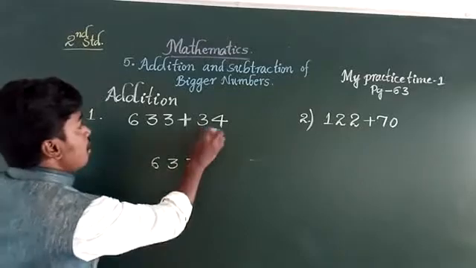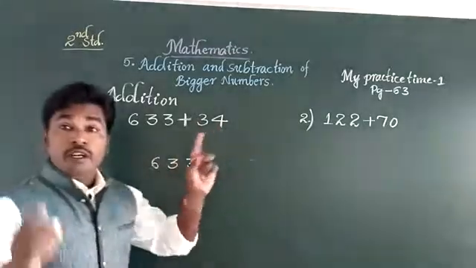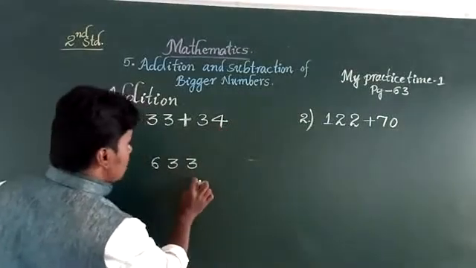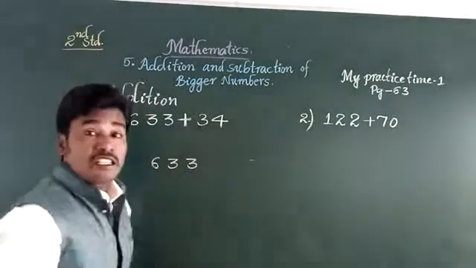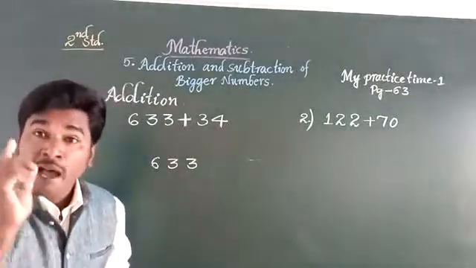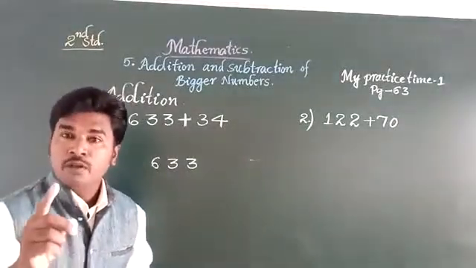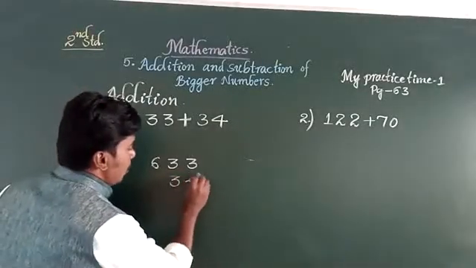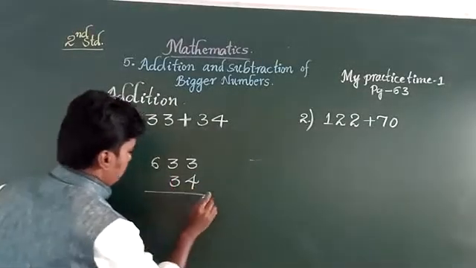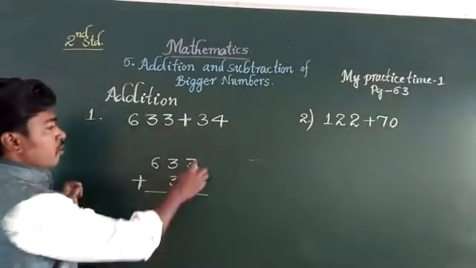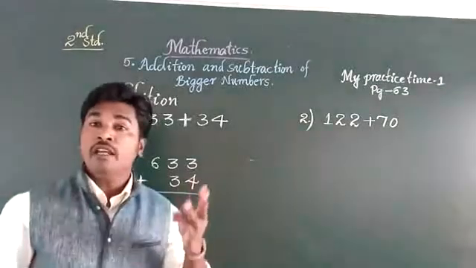Dear children, you should always write the numbers ones place below ones place, tens place below tens place. If you interchange the numbers, the sum or the answer becomes wrong. So while writing, be careful to write the numbers below their place value only.